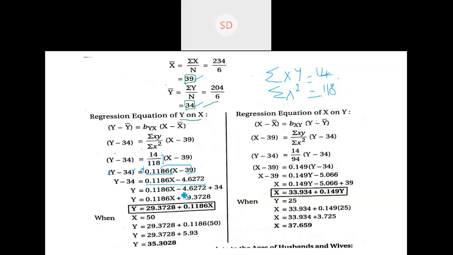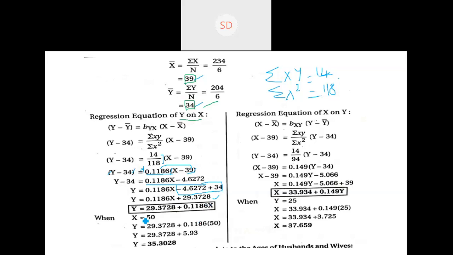Next step, this minus 4.6272 plus 34 will give me an answer of plus 29.3728. Okay, so y is equal to 0.1186x plus 29.3728. So this is my regression equation of y on x.